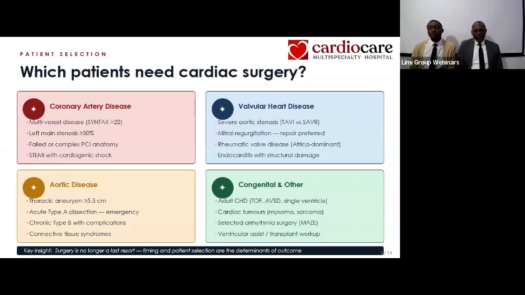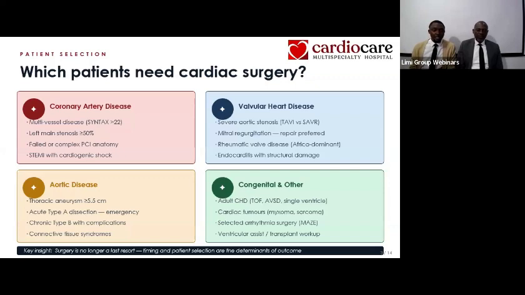Here we consider surgery more when the valve is severely damaged. There's also recurrent emboli, recurrent vegetation, and large vegetation formation that we consider for surgery. Yes, there's a role for infection management, but for damaged valves, you have to take them surgically.